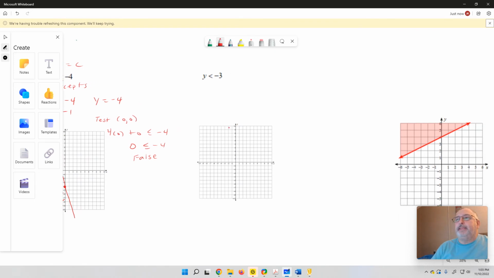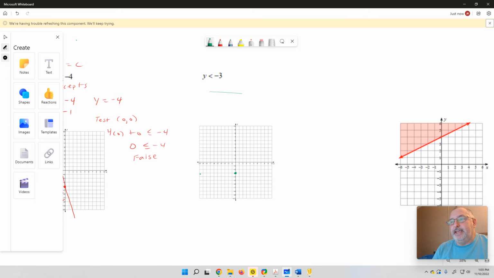Okay. And let's just do one where we only have one variable. This says that y is less than negative 3. So I'm going to find negative 3 on the y-axis. Because it's just y, that means it's going to be a horizontal line. Because there's no line underneath the inequality symbol, that means it's going to be a dashed line.